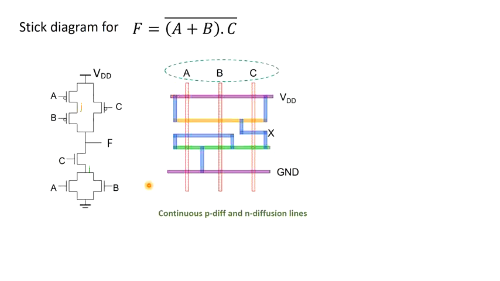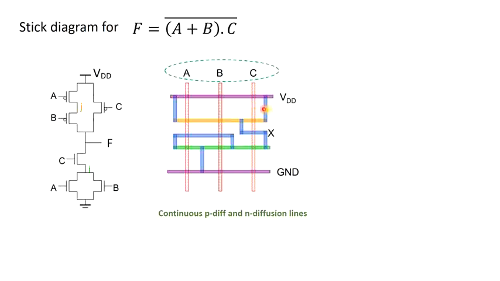Here it is VDD, ground, P diffusion, N diffusion, A, B, C, three polysilicon lines. Where this polysilicon line crosses the diffusion, it will form the transistor. So PMOS A, PMOS B, PMOS C, NMOS A, NMOS B, NMOS C.